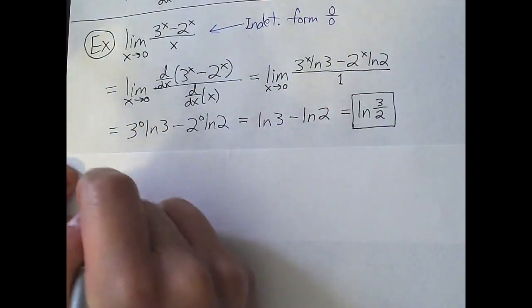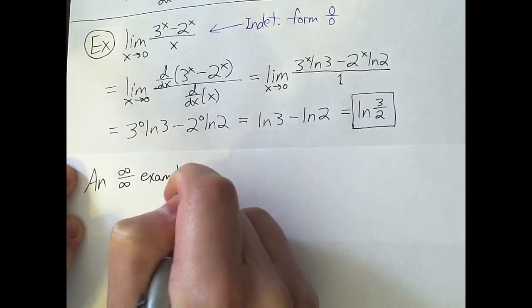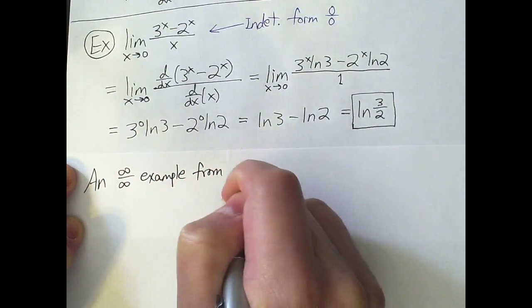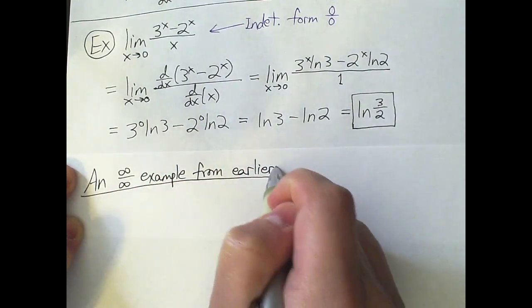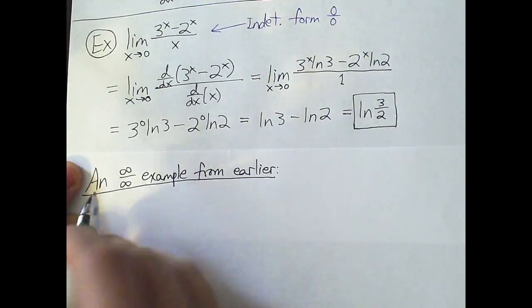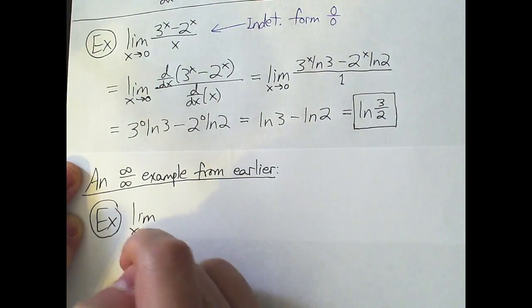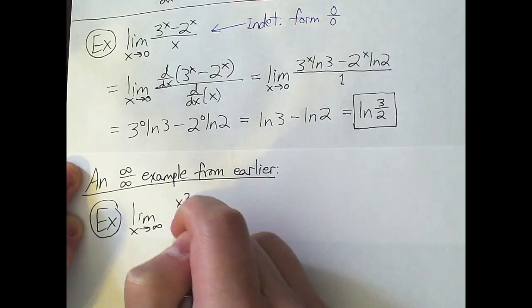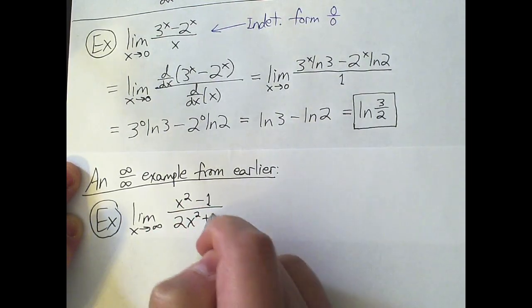I want to show you an infinity over infinity example from earlier. Actually, we did this today, but I want to redo it using L'Hopital's rule to show you that this also works. So it was the limit as x goes to infinity of x squared minus 1 over 2x squared plus 1.